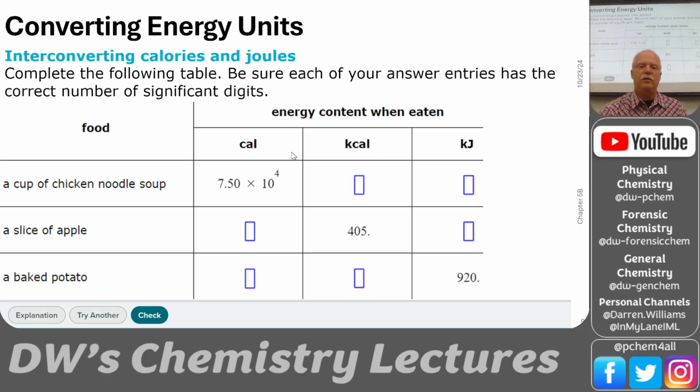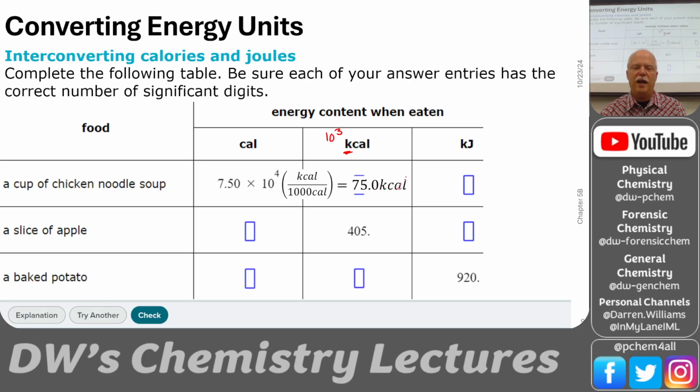So this one's pretty easy here. We've got a calorie. This is kilocalorie. Remember, kilo is 10 to the 3. Okay, and so this is 10 to the 4. And so if we take 3 away from that 4, I have 7.5 times 10, right? Or 75 kilocalories. Okay.